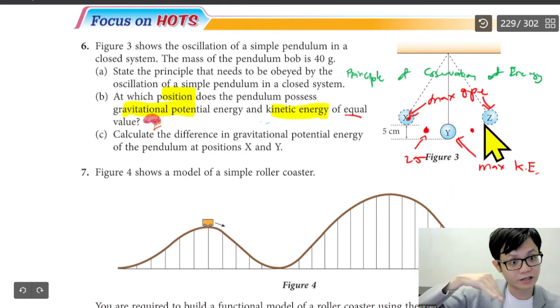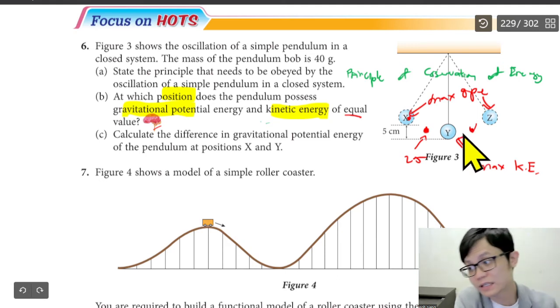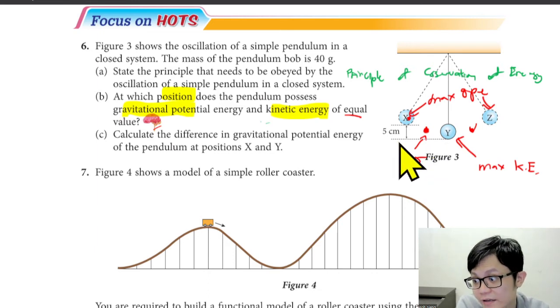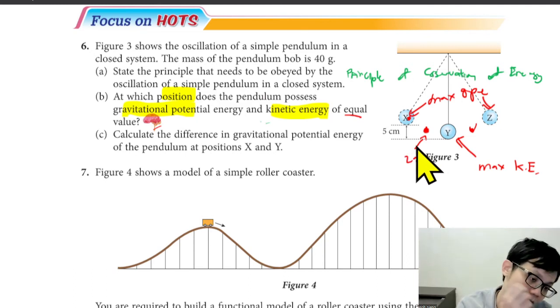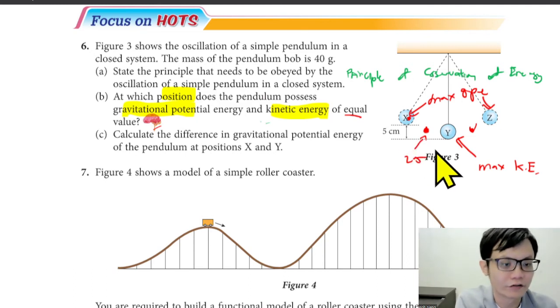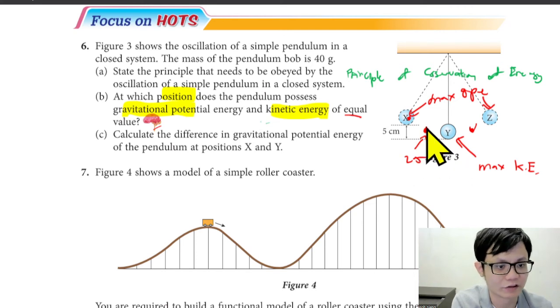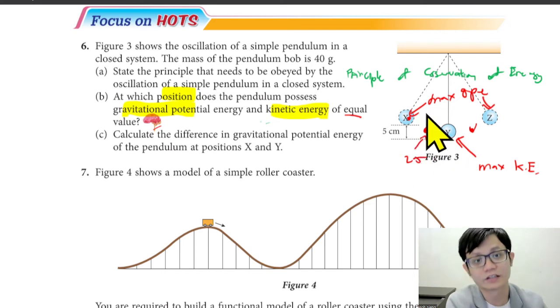But we don't say middle, we say 2.5 cm, since you wrote 5 cm here. So I will say it is 2.5 cm vertically from the position of Y, if you want to be more accurate.